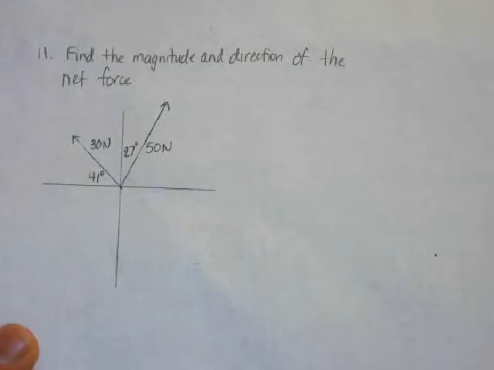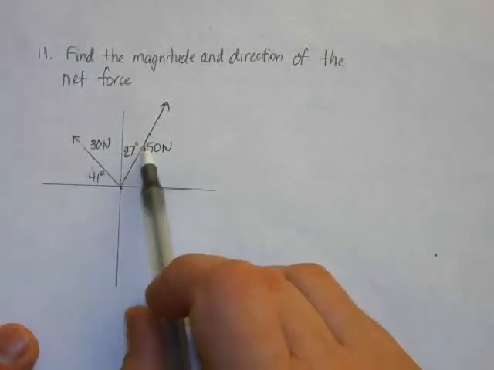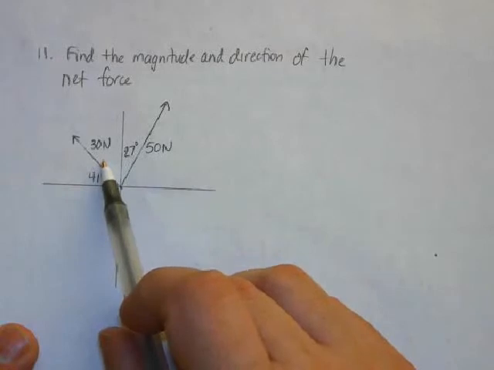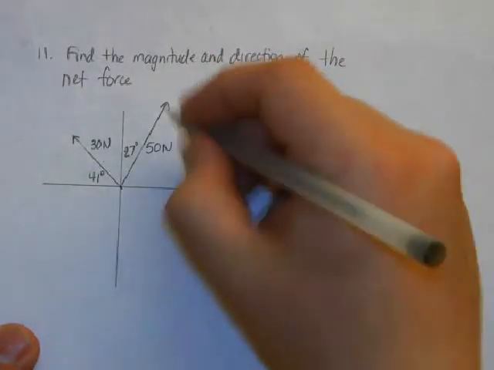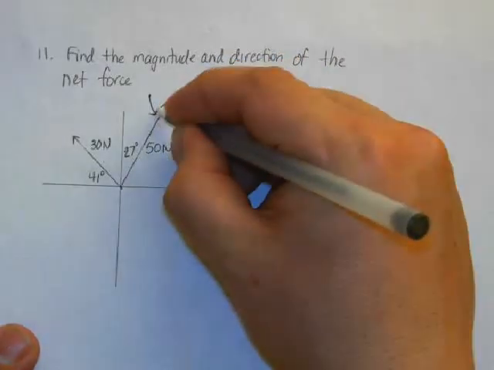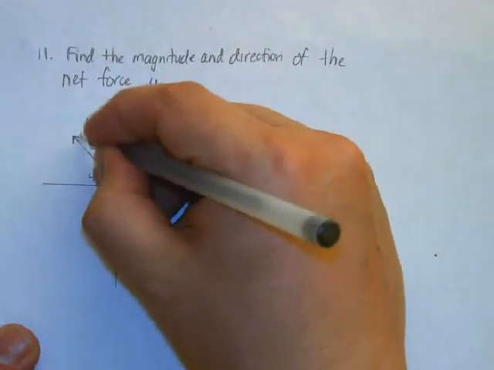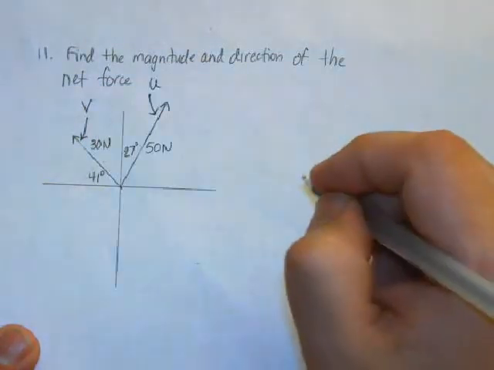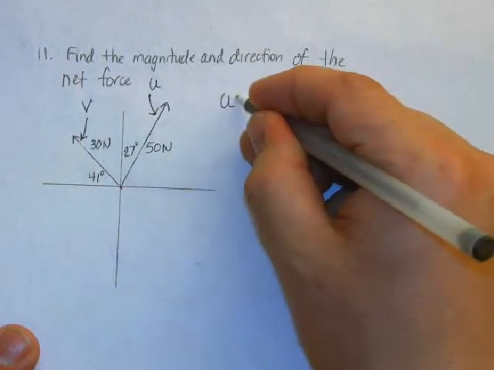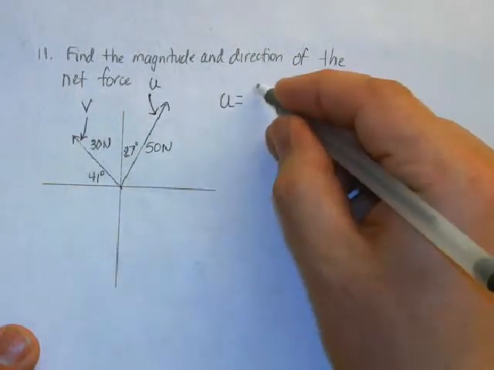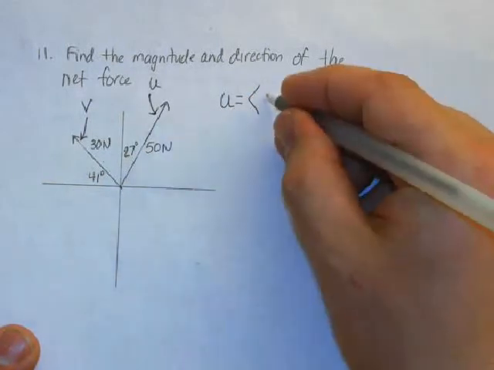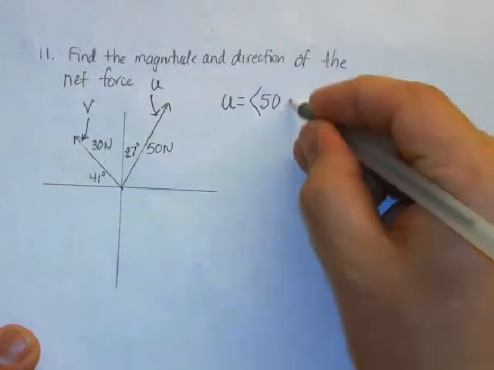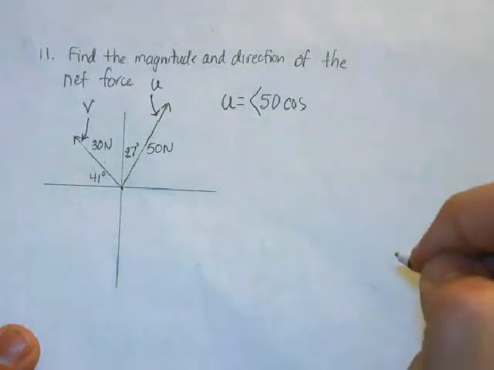For number 11, we need to find the component form of both these vectors. Add the vectors in component form together in order to find the magnitude and the direction. So for this problem, I'm going to call this one vector u and this one vector v. So the component form for u is going to be the magnitude, which is 50, times the cosine of the direction angle.